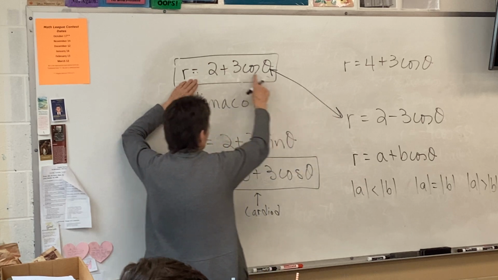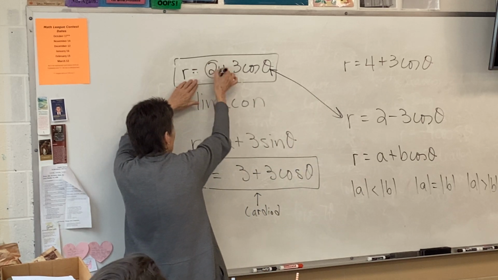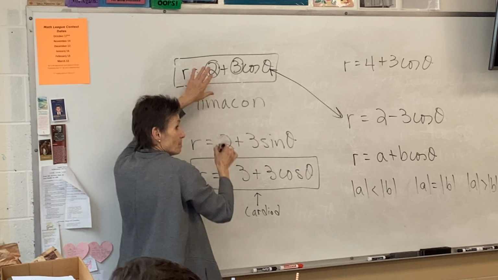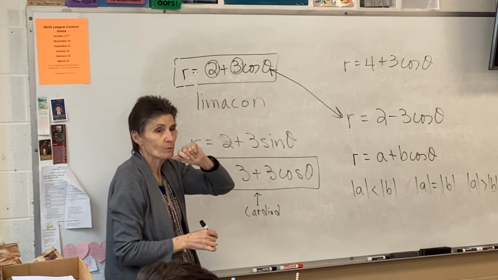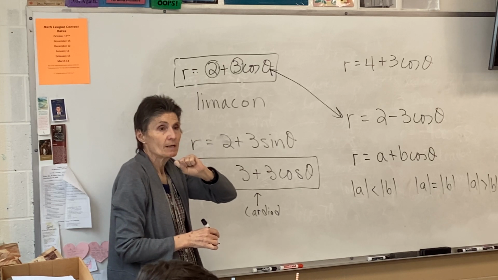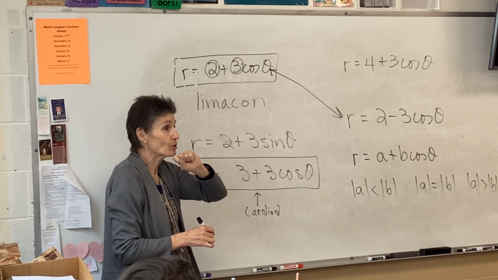These guys right here, these are examples of A being less than B. So what was particular to those two equations? They had an interior loop.